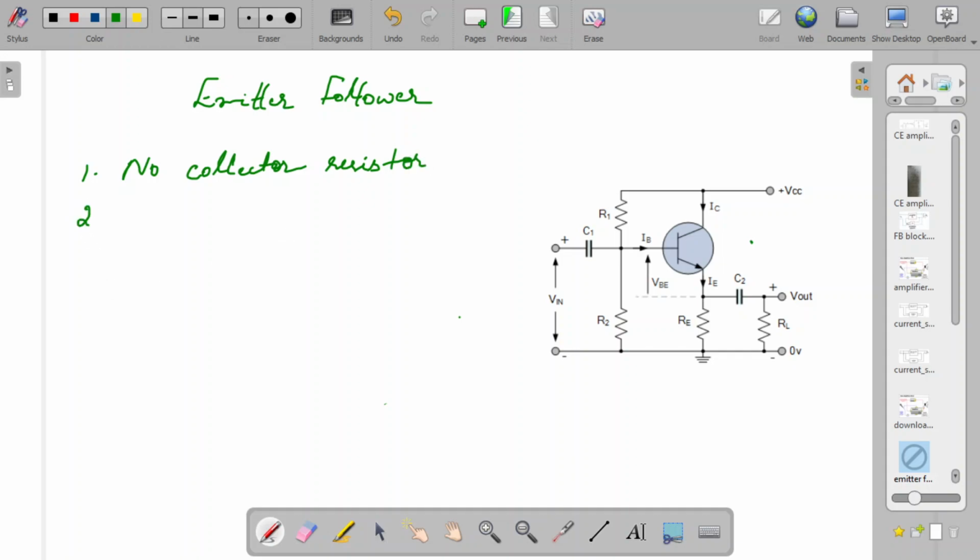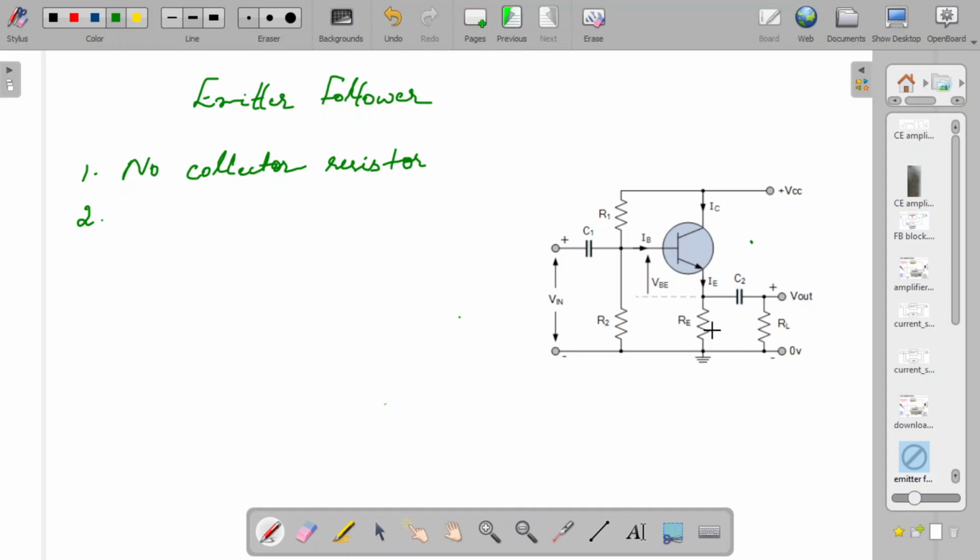Okay, that is one striking difference. Another thing is, in a common emitter amplifier you have always seen an additional bypass capacitor along with the resistance Re, or the emitter resistor.